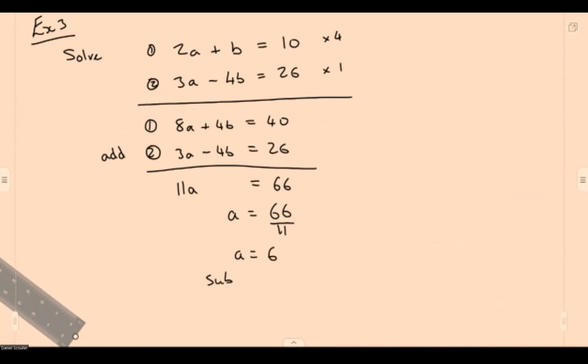Going to solve for one of them, and then substitute that into equation 1, to get 2 times 6 plus b equals 10. 12 plus b equals 10.